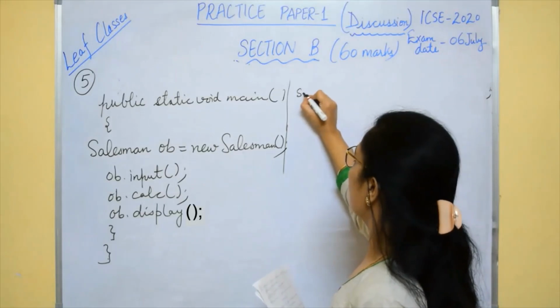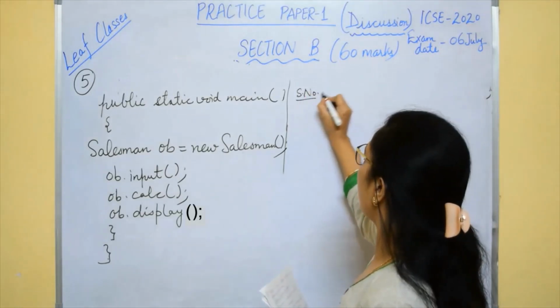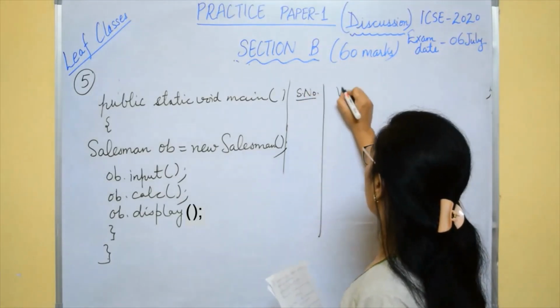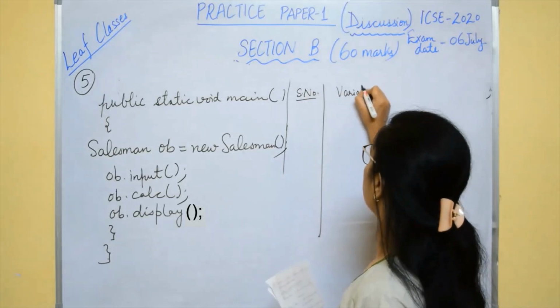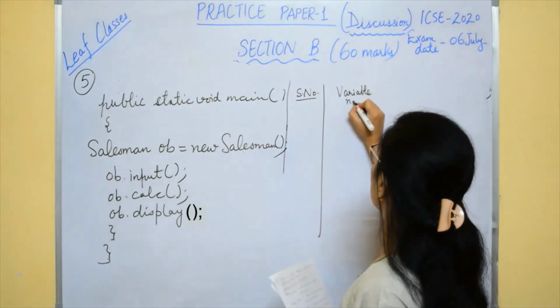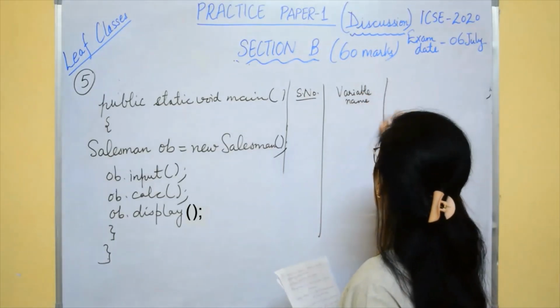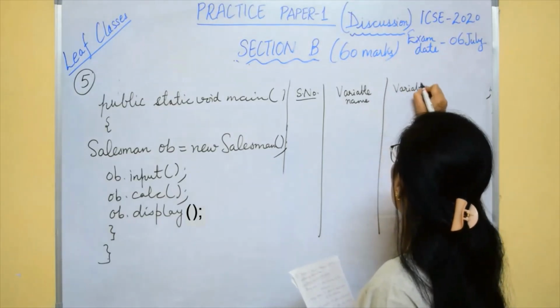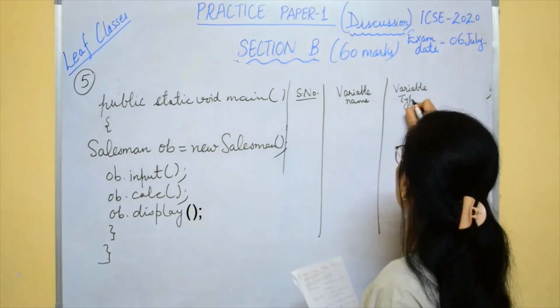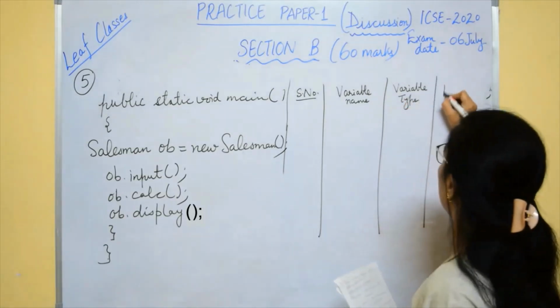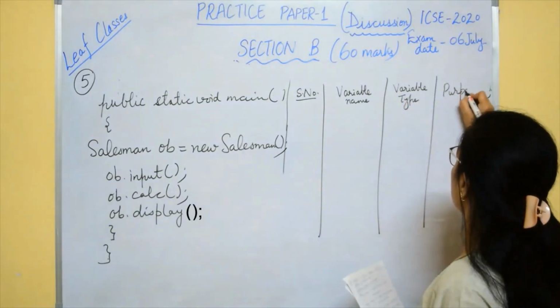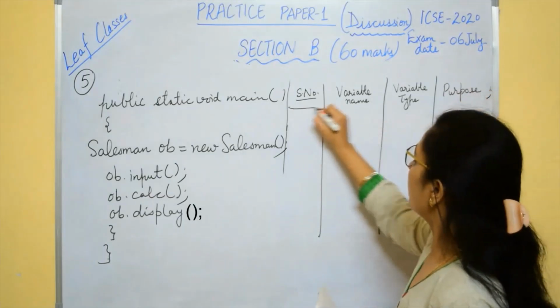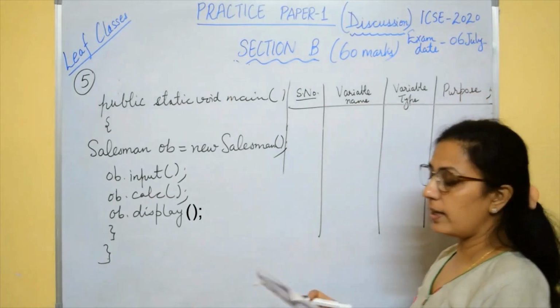So first in tabular form you will write serial number, variable name, then variable type, and the purpose. Now in these type of questions it is very easy.